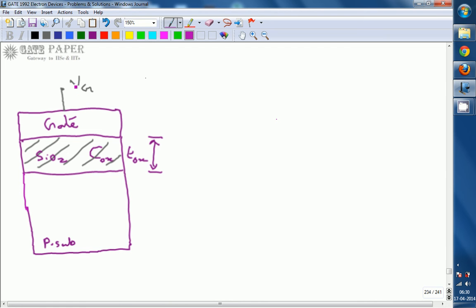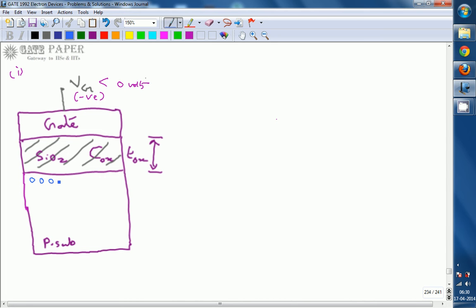Let us assume case 1: if the gate voltage is less than 0 volts, that is, you are applying a negative Vg. When a negative voltage is applied, it attracts positive charge carriers from the p-type substrate. Positive charge carriers are nothing but holes.